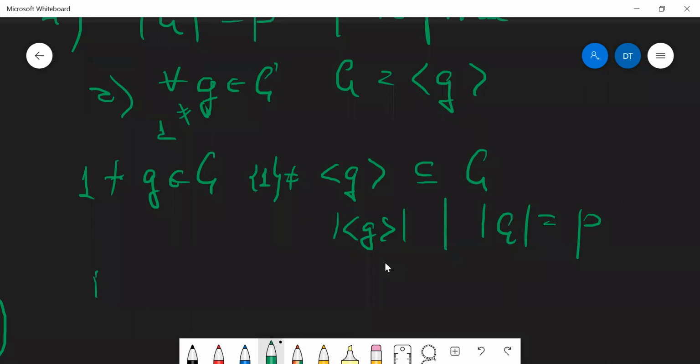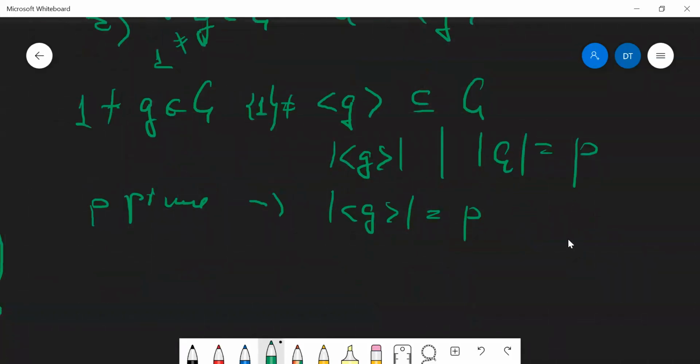Since p is prime, the number of elements here is p. So this subgroup contains exactly the same amount of elements as this group. So these are the same. So since G also has p elements, then capital G is this subgroup, and we're done.